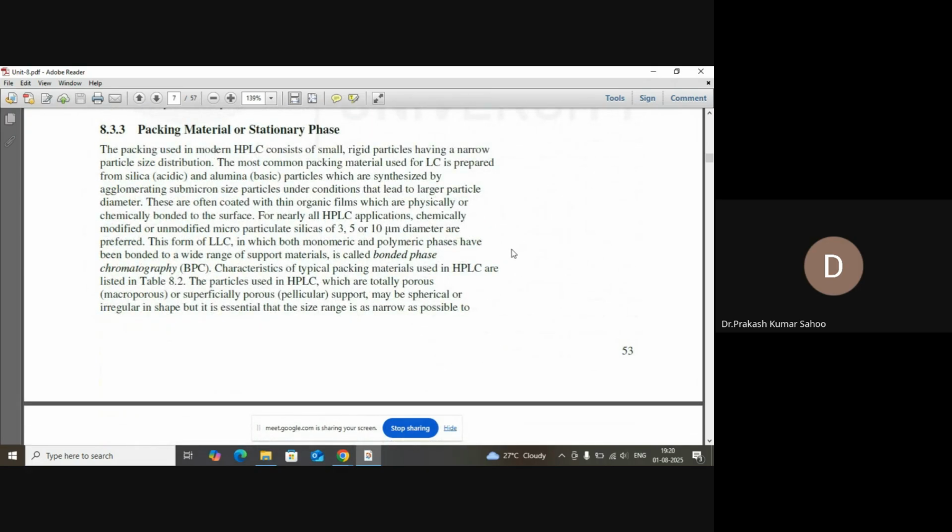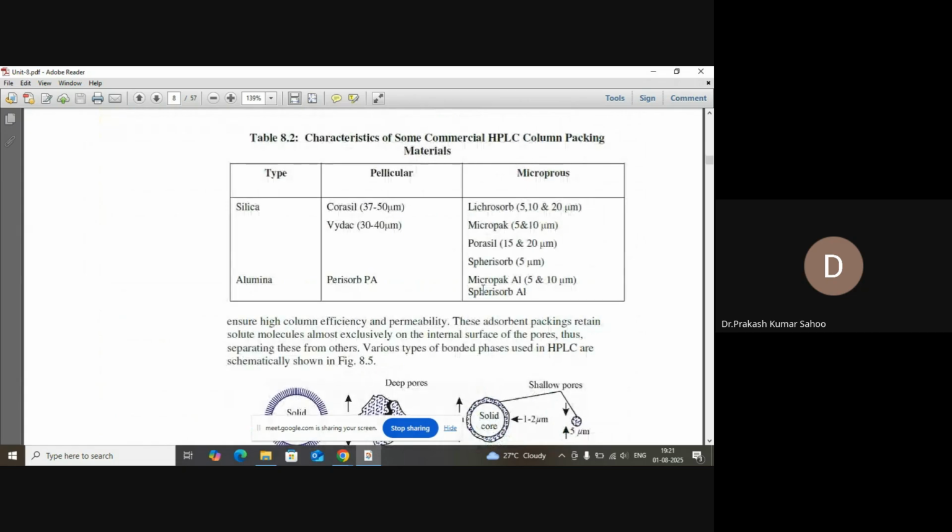In the packaging, we have different commercially available packaging materials. Silica or silica gel in acidic media or alumina in basic media is generally used, and 3, 5 or 10 micrometer particle sizes are available, and the supporting material, which is also called bonded phase chromatography, BPC, is also applicable to this HPLC.